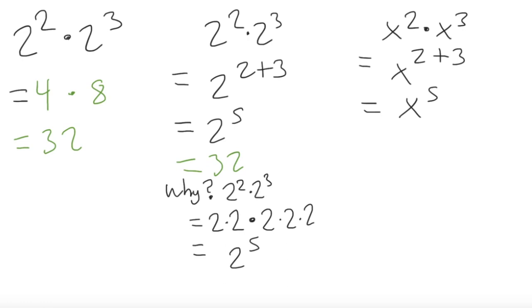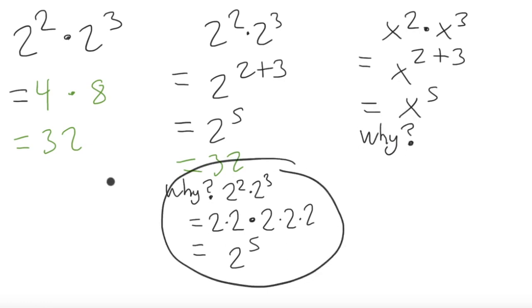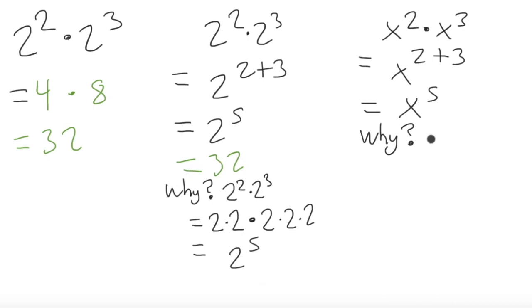Okay. But let me show you why this works, even though there are letters involved, right? It's going to look very similar to what we did here, but I'll show you it anyway. Alright, cool. As I said before, exponents mean you're multiplying a bunch of times, right?